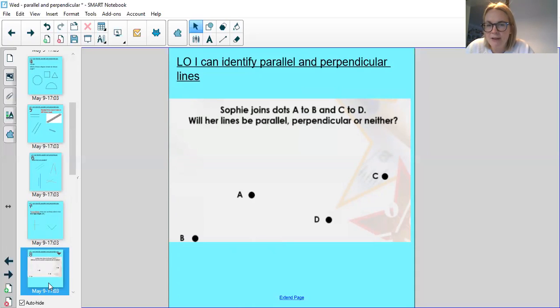Pause the video and have a little think. They would be parallel. They would look almost just like this, wouldn't they? They would be diagonal but parallel lines.